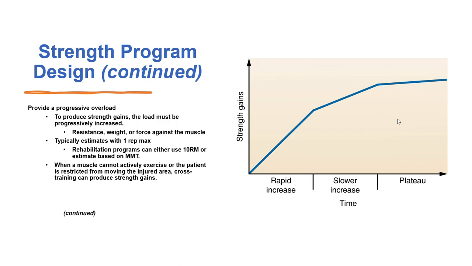Many rehab programs will estimate with a one repetition max or 1 RM, but more commonly you will see a 10 RM. And so we saw those kinds of guidelines in the preceding slide, and you will see it when we speak at the end of this lecture about some of the various examples of systems for exercise progression.